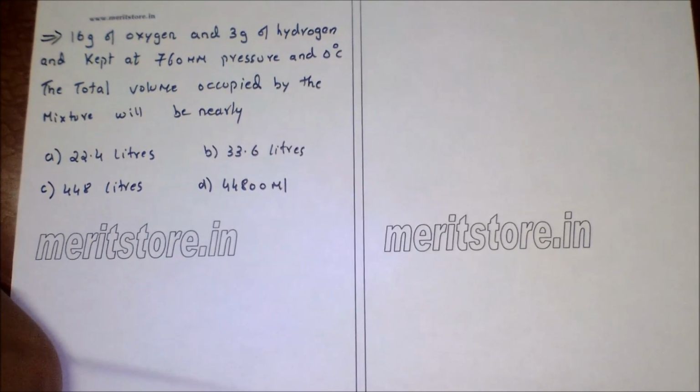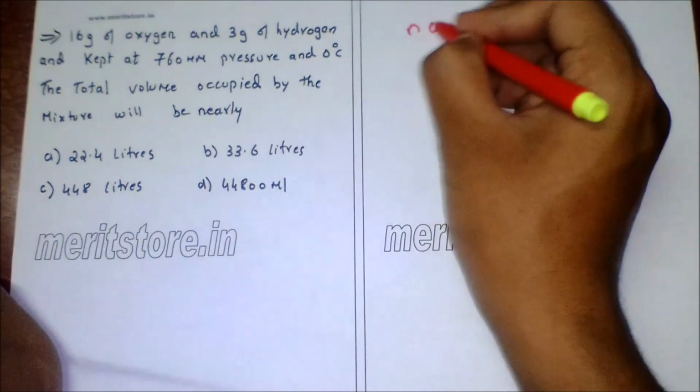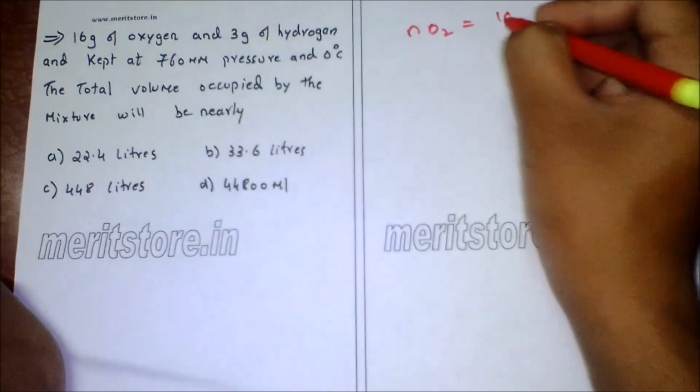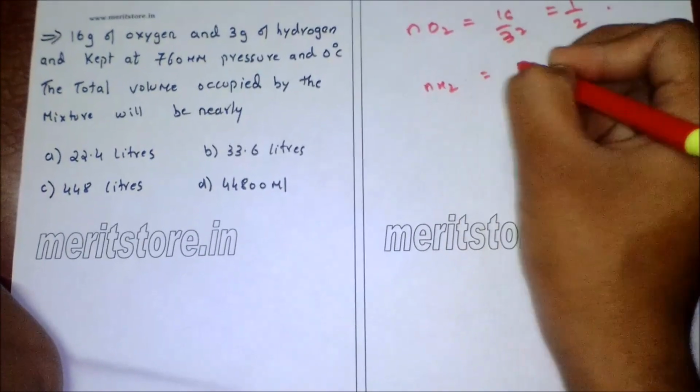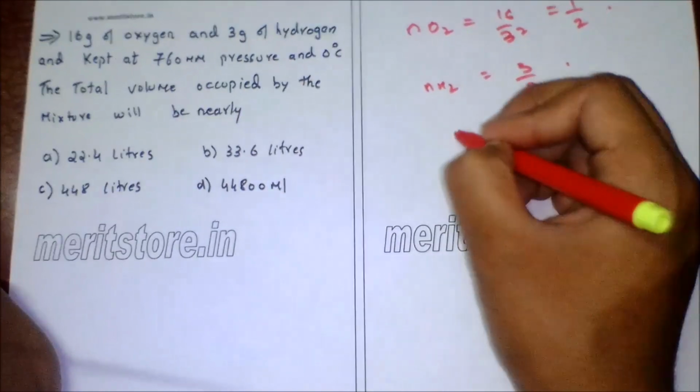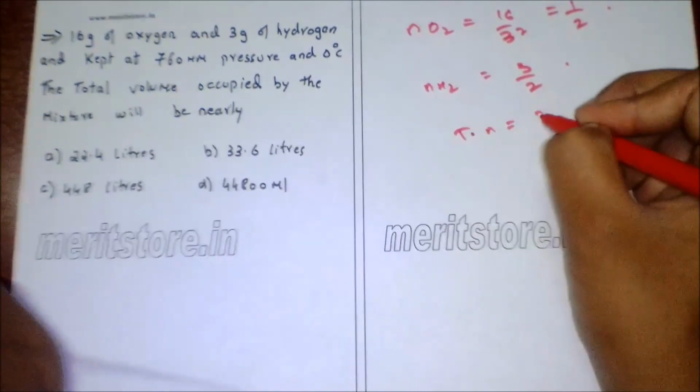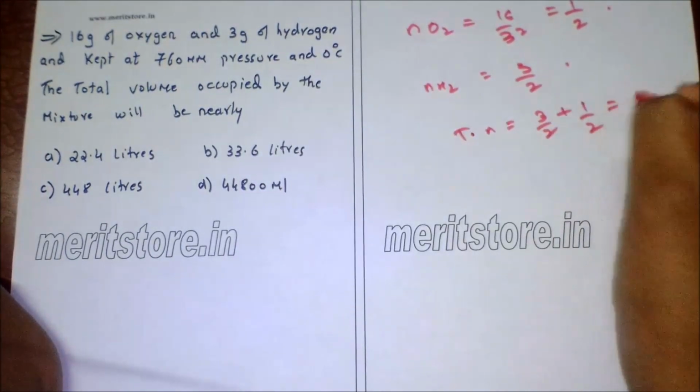16 gram of oxygen and 3 gram of hydrogen are kept at 760 mm pressure and 0 degree. The total volume occupied by the mixture will be nearly? So number of moles of oxygen is 16 by 32, which comes out to be half. Similarly, number of moles of hydrogen is 3 by 2. Total number of moles is 3 by 2 plus 1 by 2, which comes out to be 2.